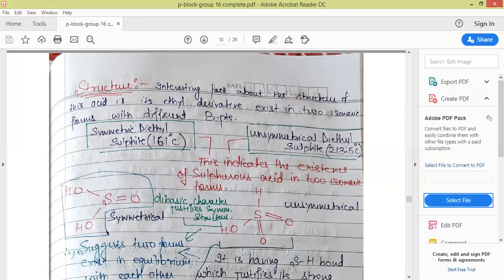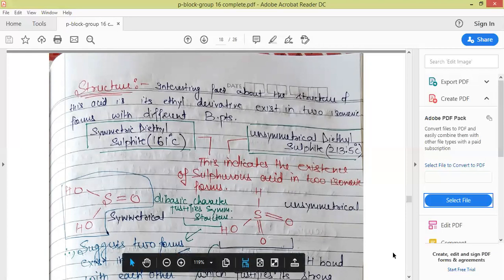They have boiling points of 161 degrees Celsius and around 200, one is much less than 200 and the other is greater than 200. This indicates the existence of sulfurous acid itself in two isomeric forms.